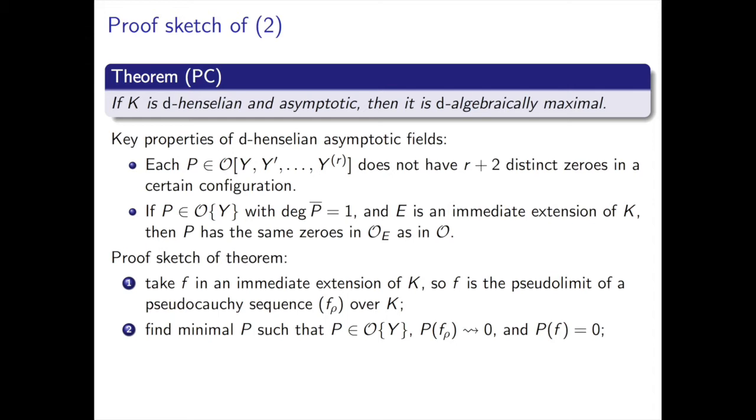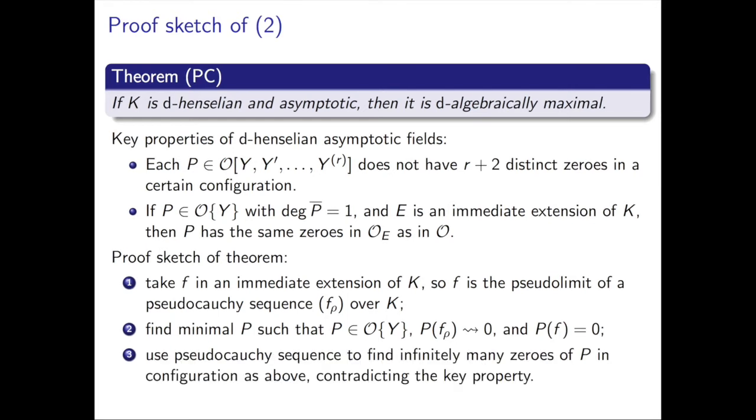And you can find a minimal differential polynomial of this sequence, by which I mean P of f pseudo-converges to 0 in this sense. You should think P thinks that there should be a 0 that is the limit of the sequence, and you can arrange that f is actually a 0 of P.